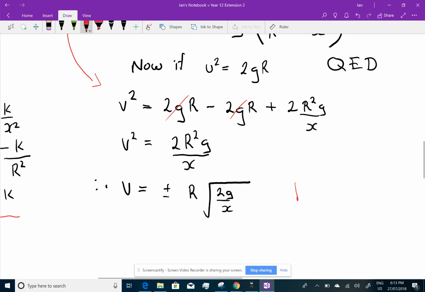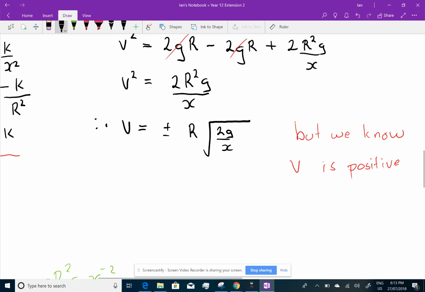But we know that v is positive, it's going up. So hence we get v equals r square root 2g on x. So we've got velocity in terms of displacement.